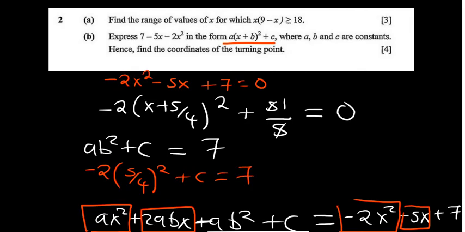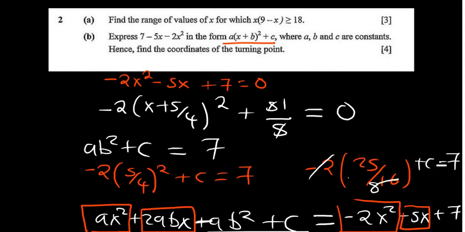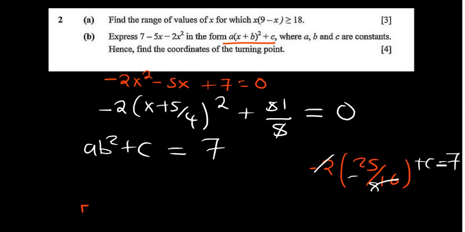So you're going to have negative 2 multiplied by 25 over 16, plus c is equal to 7. This is 1, there it's 8. So we have negative 25 over 8 plus c is equal to 7.